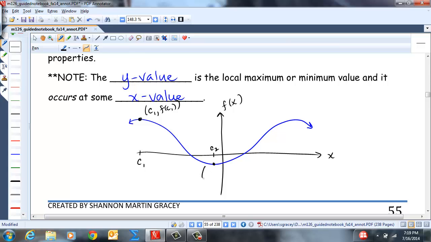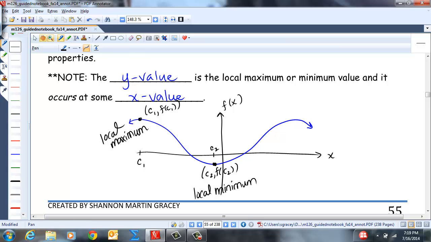So at this ordered pair, a local minimum occurs. So that's a local minimum. So the local minimum is the function value. It occurs at C2. This guy is a local maximum.